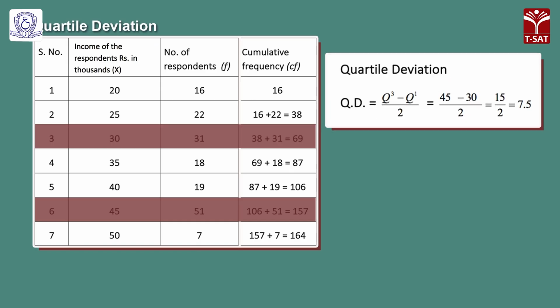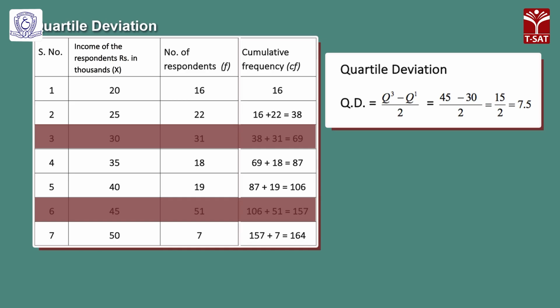Now our duty is to calculate the quartile deviation. The formula to calculate the quartile deviation is QD is equal to (Q3 minus Q1) divided by 2, that is equal to (45 minus 30) divided by 2, that is equal to 15 divided by 2, which is equal to 7.5.